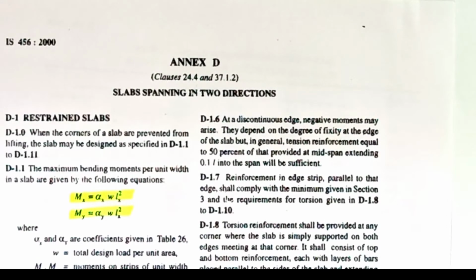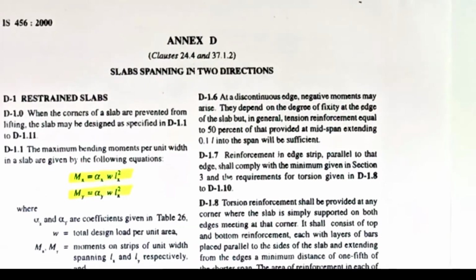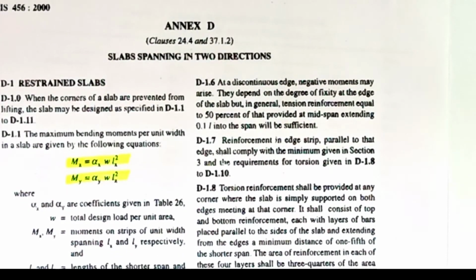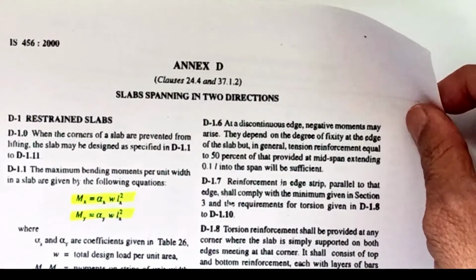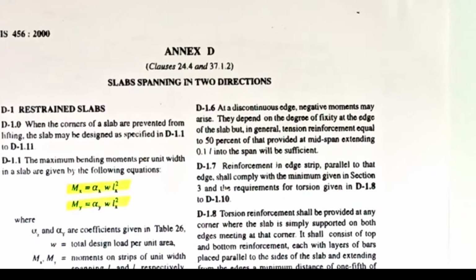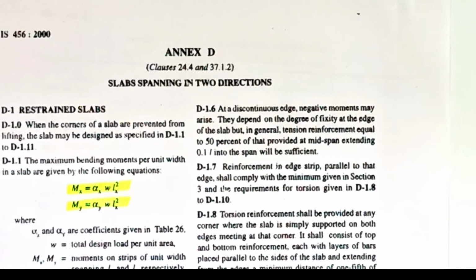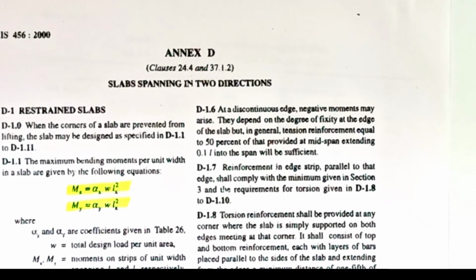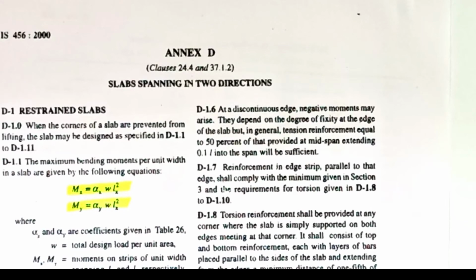Two-way slab, corners are free to lift, they are not held down. Due to partial fixity at the corners, the slab may get twisted like this. Okay. And to resist such type of torsion, special reinforcement is to be provided at corner. That is not in your curriculum. Hence we are designing two-way slabs which are not prevented from lifting, that is they are free to lift, not held down. For holding them down, special reinforcements are required.